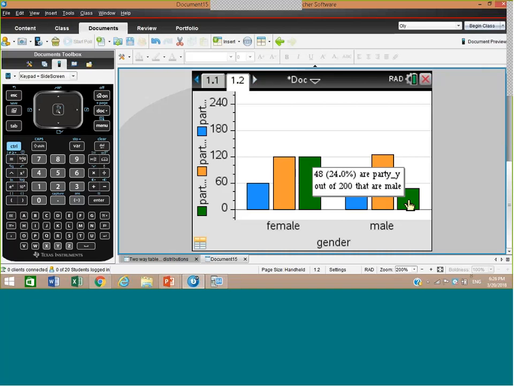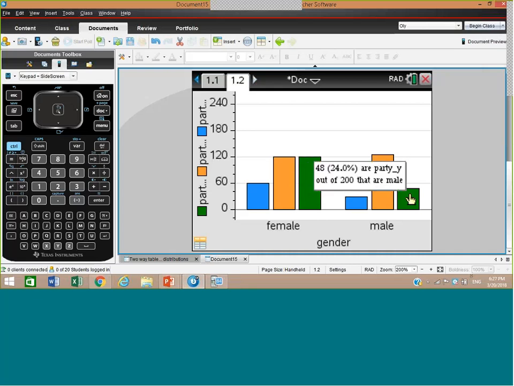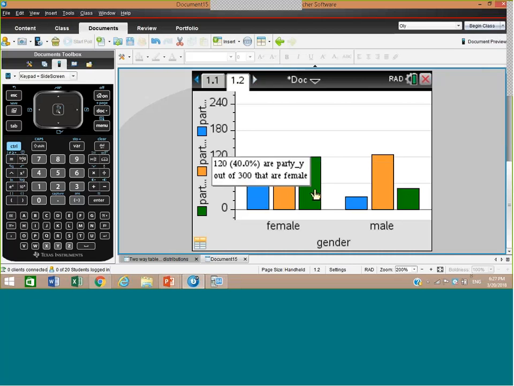But the good news is, since there are only two groups, males and females, if the male percentage, that is the percentage of Party Y among the males, had been the same as the percentage of Party Y among everybody, then the percentage of Y among the females would be the same as well. In other words, I can't have two of those three equal without the third one being equal.